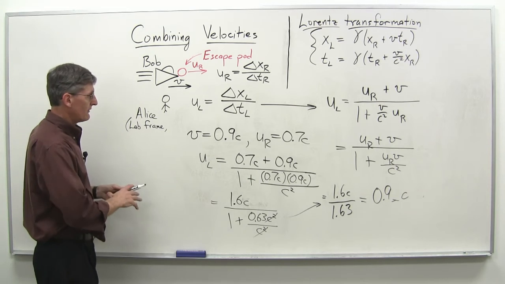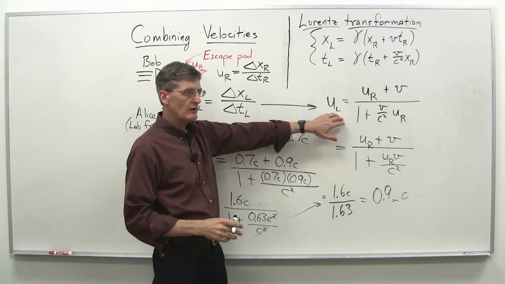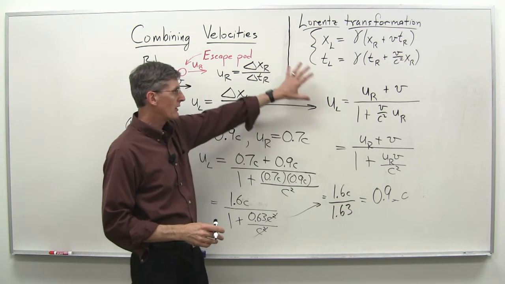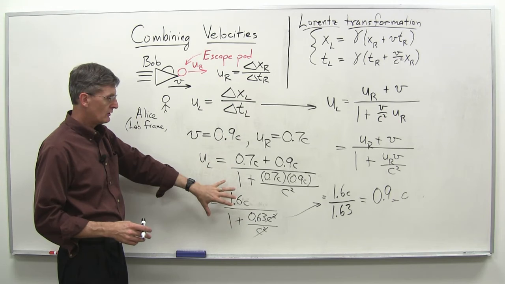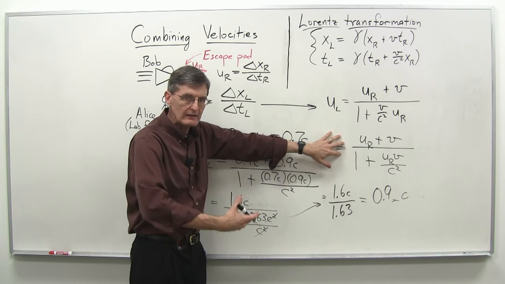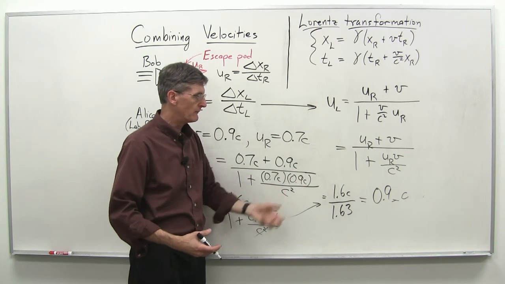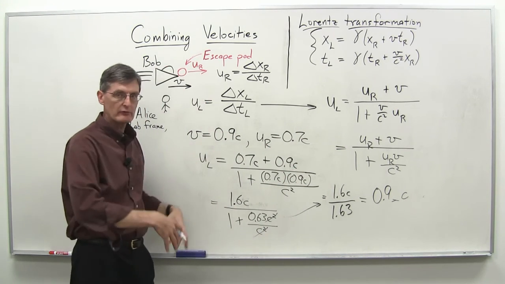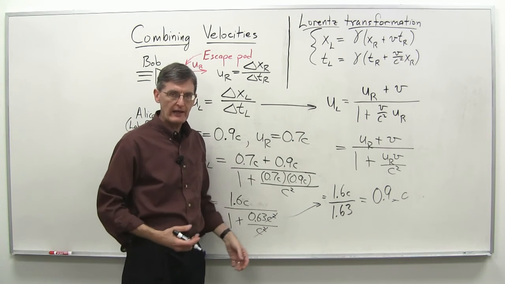Okay, so that is our basic velocity combining equation. Again, we got it from the Lorentz transformation and the basic definition of a velocity. And we see the Galilean transformation is embedded in it, because if the escape pod velocity and the relative velocity between the frames are low with respect to the speed of light, then we just get our normal u sub r plus v, just add velocities.